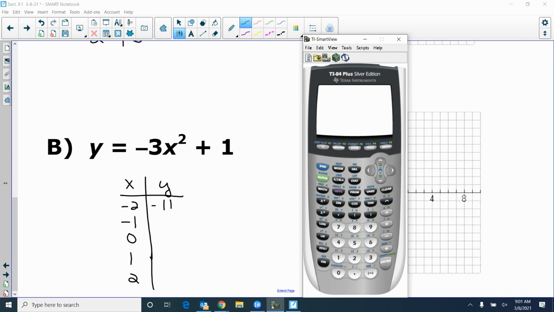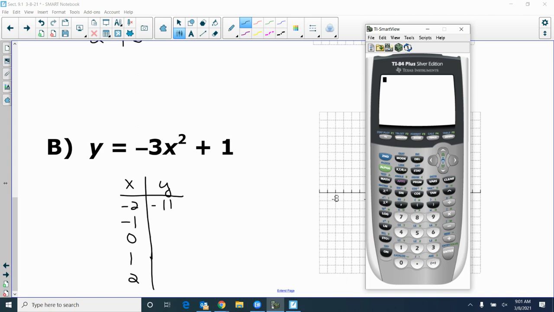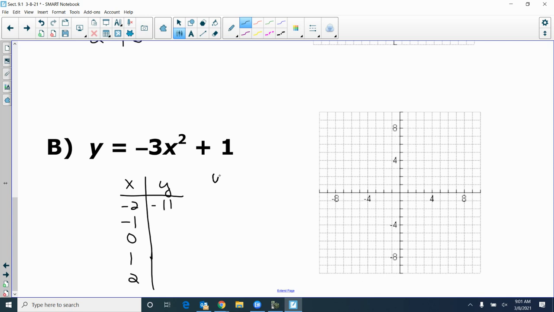All right, Connor said, how do I plug this in? Listen. First of all, you need to be able to operate without the calculator as well, because if you plug it in wrong, don't assume it's correct. So I'm going to do this, and then I'm going to plug it into the calculator. You've got to follow the rules. You've got a -3. What are we letting x equal? x is -2.